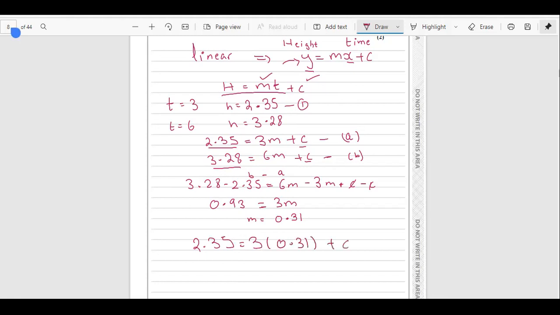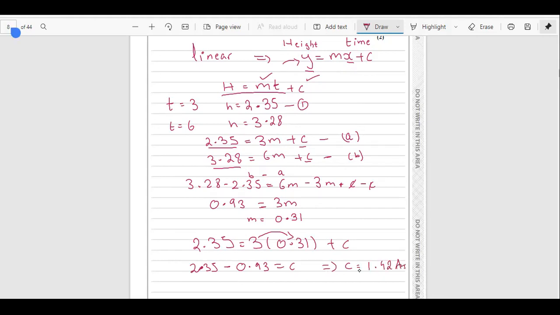So this would be 2.35 minus 3 into 0.31, which is 0.93, equals c. So what c are you getting? What is the value of c which you are getting? 1.42. Yes, it is 1.42. So this is the answer.